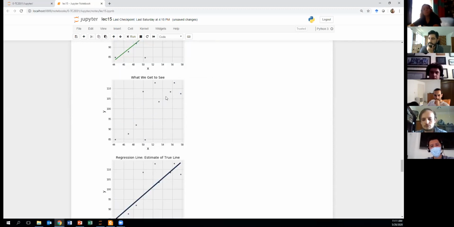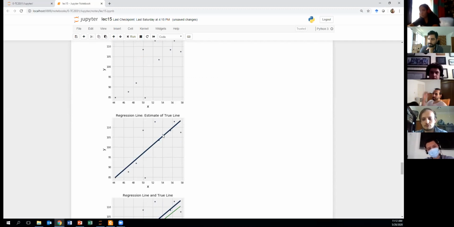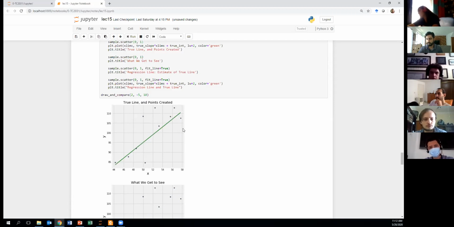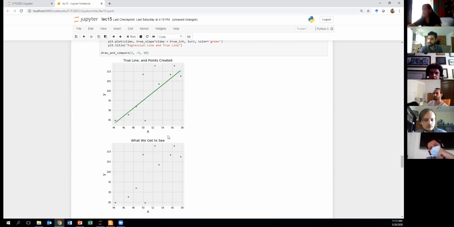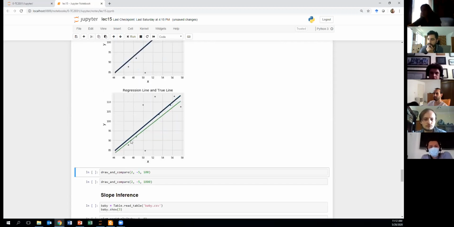But this is what we get to see, this scatter plot with like 10 points inside. This is the actual regression line from my population, let's say. Let me correct myself: this is the sample. I'm sampling my population and I draw my regression line. This is the actual data. This is the original regression line. This is the estimated versus the true line. And this is the earlier line that I drew.